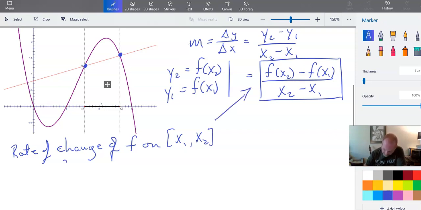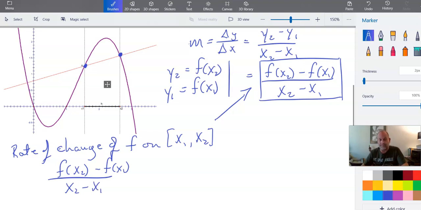So that is f of x2 minus f of x1 over x2 minus x1.